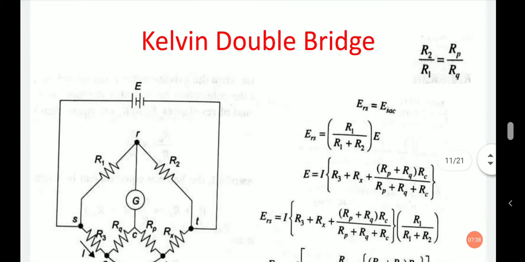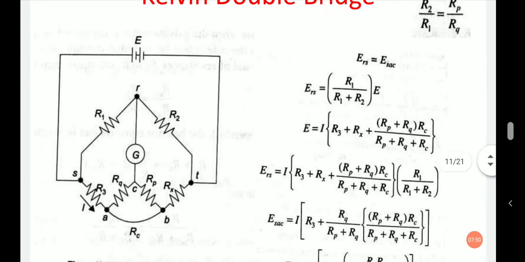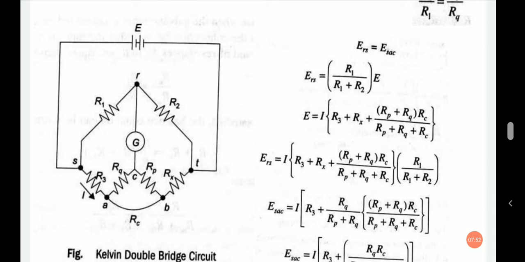Now we will see the Kelvin double bridge circuit, which is shown in the figure. It is a practically difficult approach to obtain the result, as it becomes difficult to locate an appropriate point for galvanometer connection.